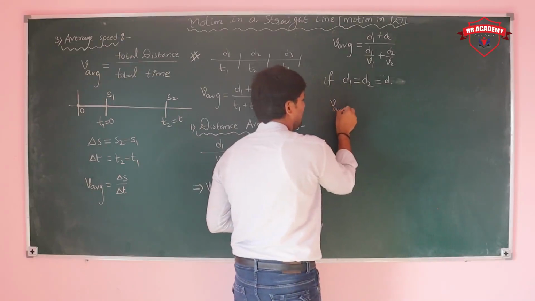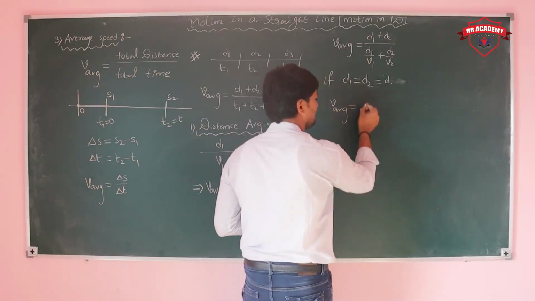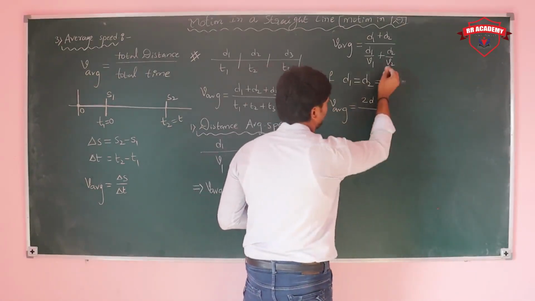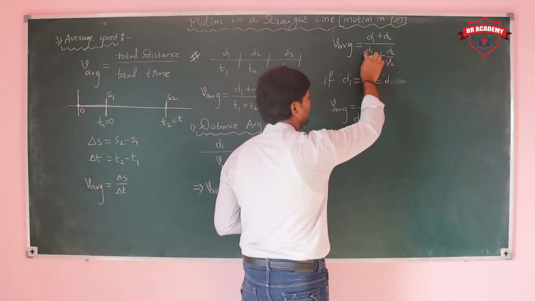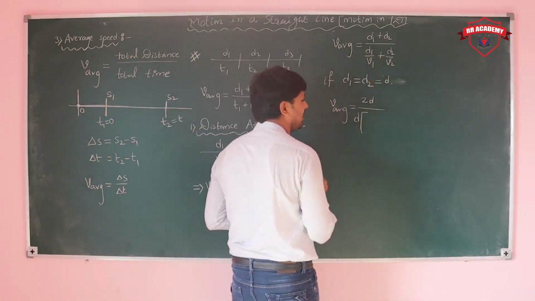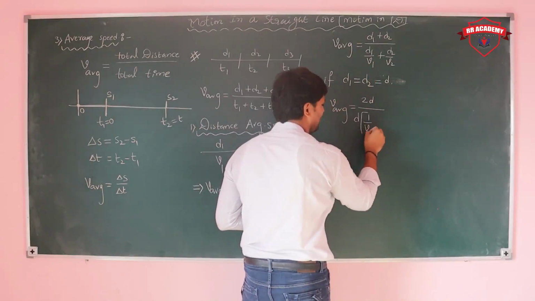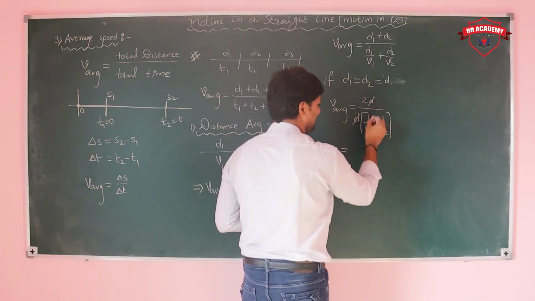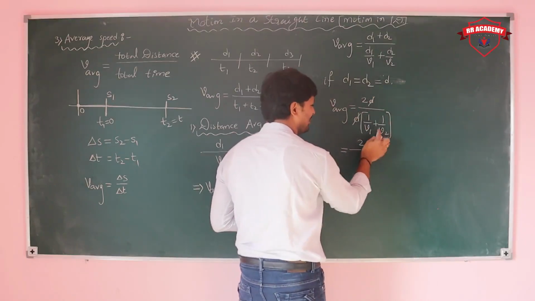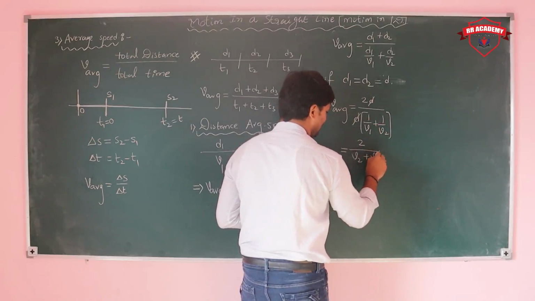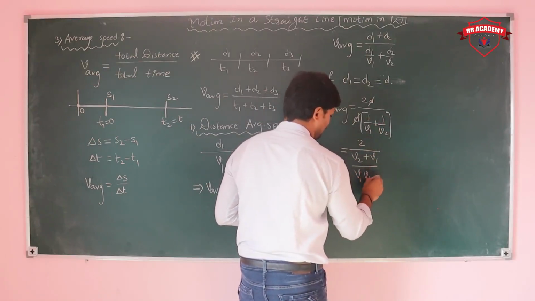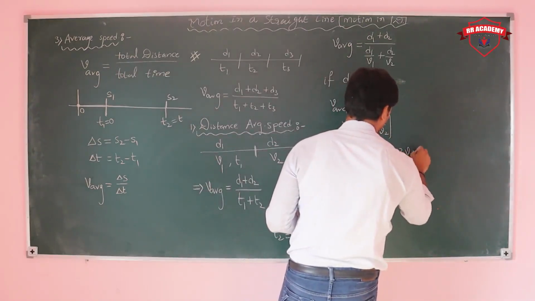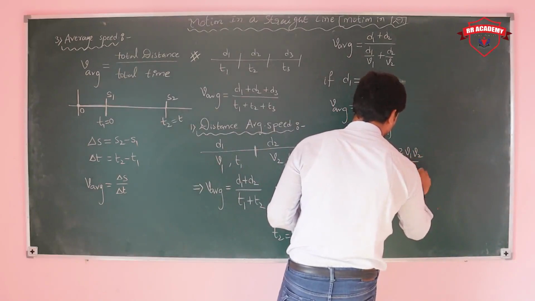Then V average is equal to d1 plus d2, that is 2d, upon d common, 1 by v1 plus 1 by v2. The d's cancel, giving 2 upon the LCM, v2 plus v1 upon v1 v2. Sending v1 v2 up, the average speed is 2 v1 v2 upon v1 plus v2.